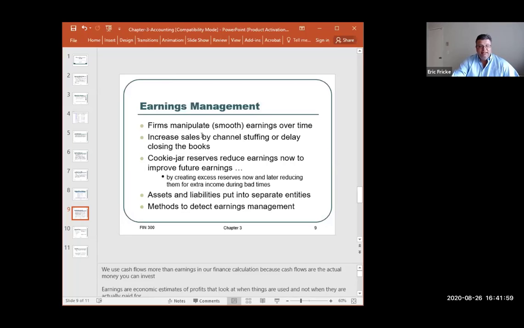Let me give you an example. Let's say that this year our corporation is doing very, very well. We're going to have high profits at the end of the year. In fact, let's say we're going to even beat our targets. So what companies might want to do then is figure out how to reduce our earnings this year and save some of those earnings for the following year, because we don't know how the following year is going to be.